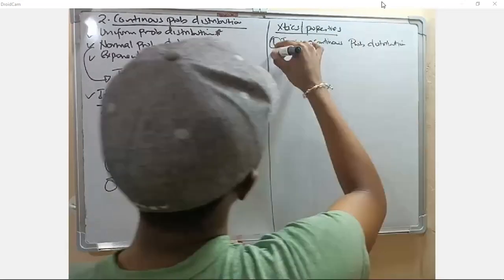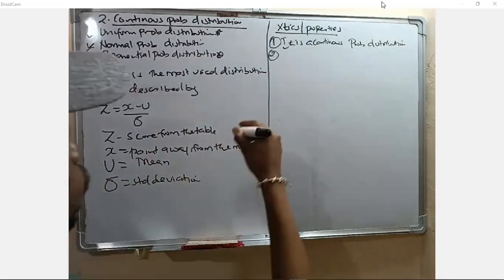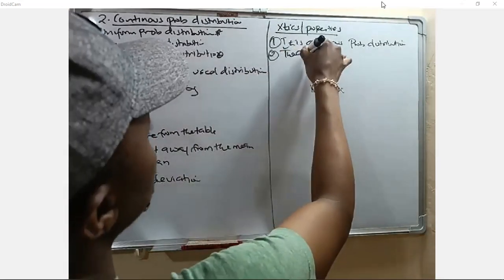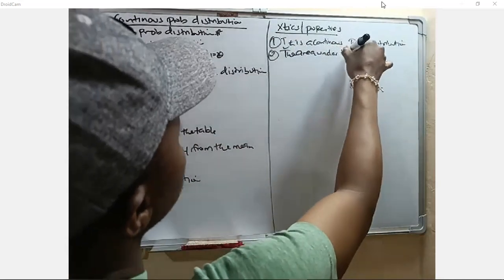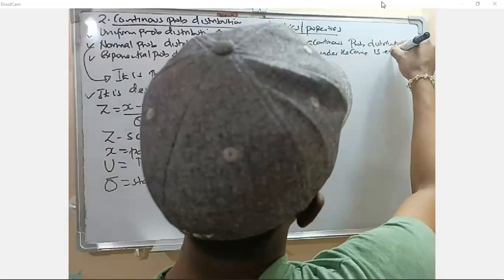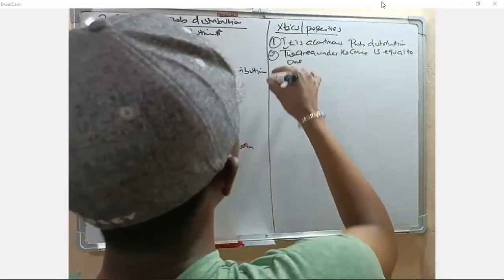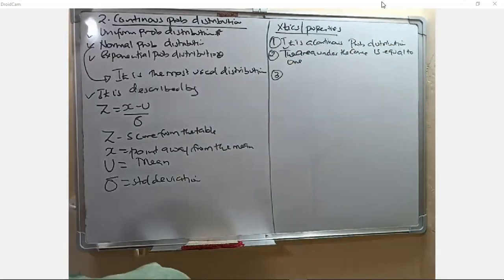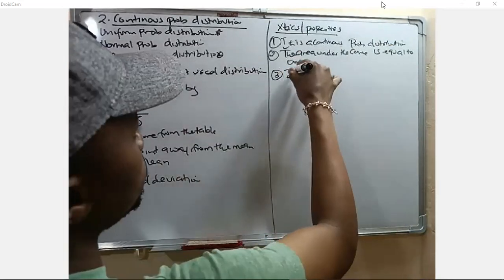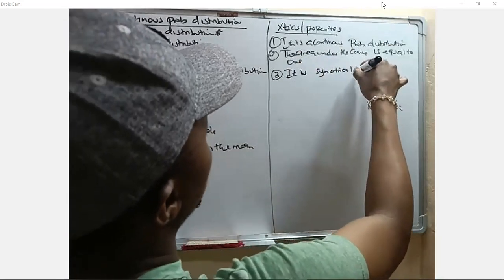Number two, the area under the curve is equal to 1. Number three, it is symmetrical about the mean.